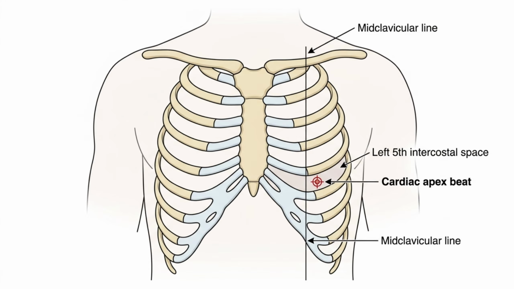Looking at the diagram, the vertical line represents the middle clavicular line, and the highlighted area with a red spot represents the fifth space between the ribs where the apex beat can be palpated. This is an important surface landmark used during cardiovascular examination.